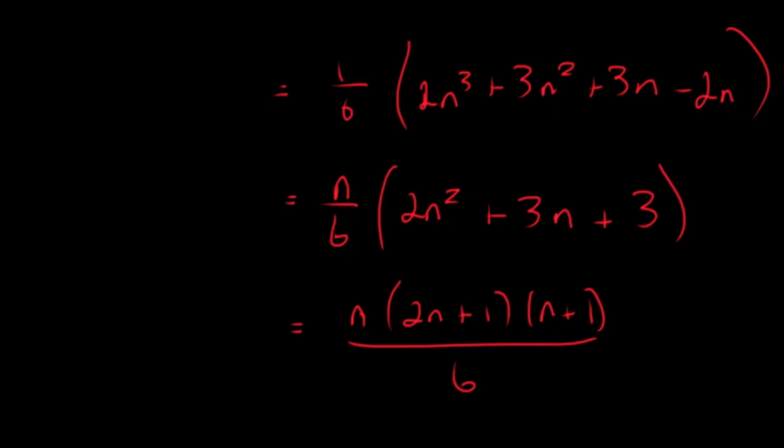Cool. And that is the sum of consecutive perfect squares, all right, up to n. And I will leave it for you guys to figure out what is the sum of consecutive cubes.